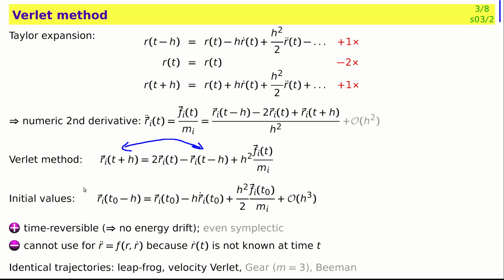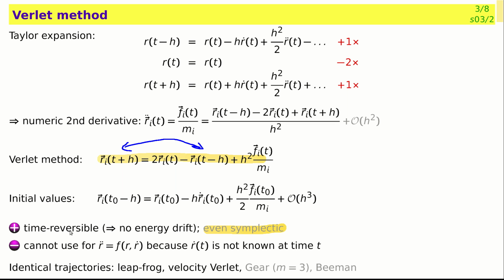And if my equations are exactly time reversible, I can expect that I will have good energy conservation. I will have no energy drift. It is even better. These methods are even symplectic.